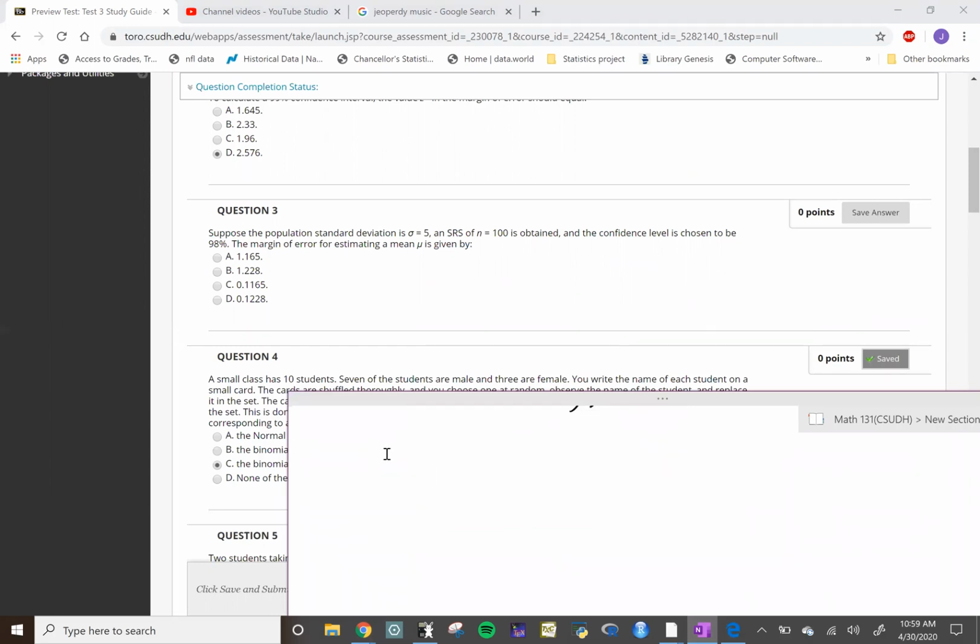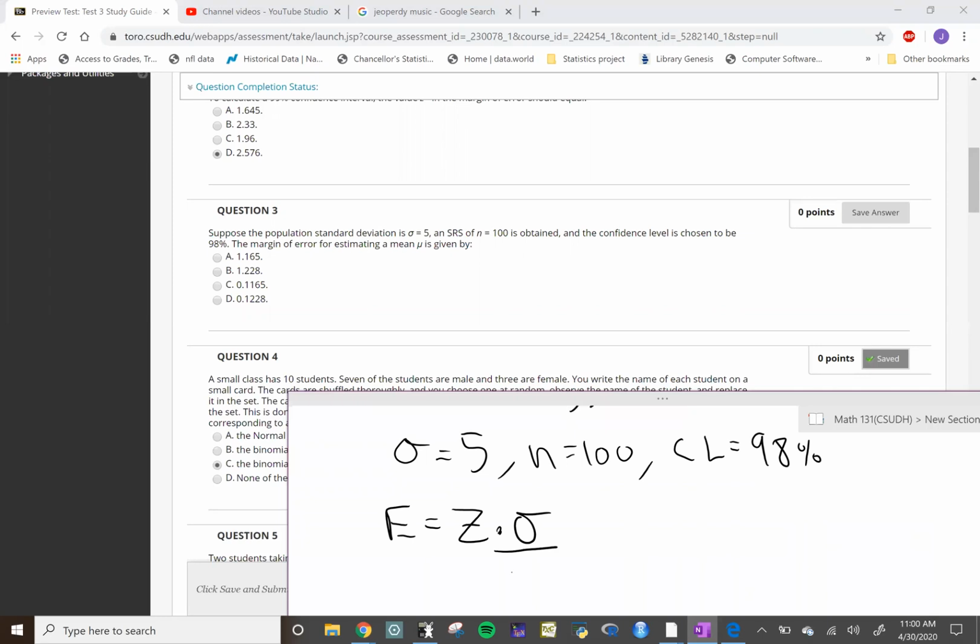So they give me sigma equal to 5, sample size equal to 100, and confidence level equal to 98%. They want me to find the margin of error. You have to remember the formula: E equals z multiplied by standard deviation divided by the square root of n. This is the formula I want to use.